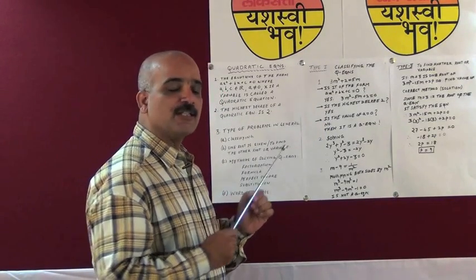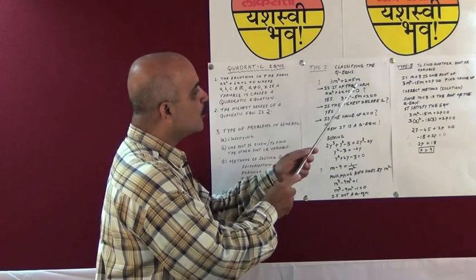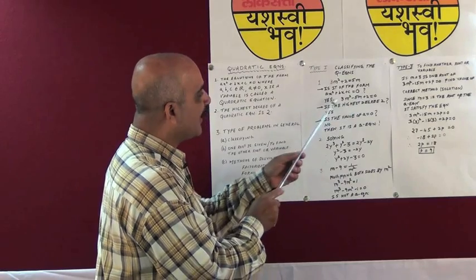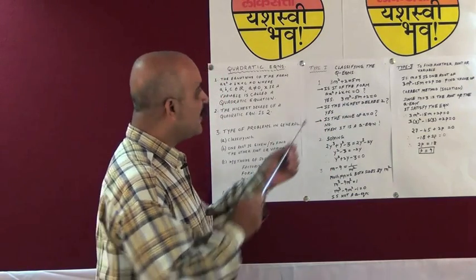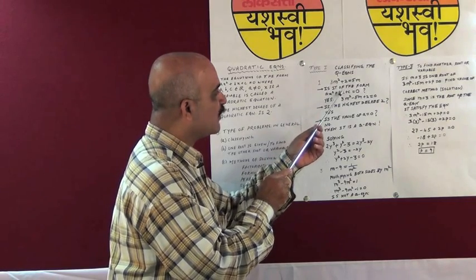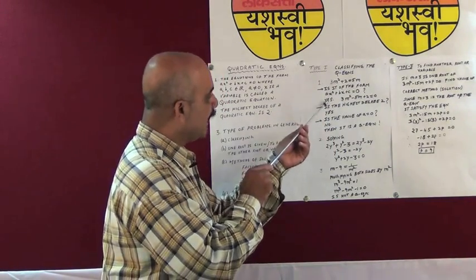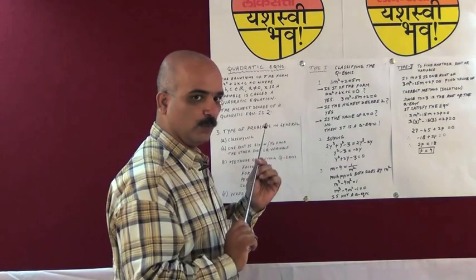Now, normal conditions, we may not get a proper format. So we have to arrange it. So I have arranged here. I have shifted this 5m on this side. So we get here 3m square minus 5m plus 2. That means, yes, it is of the form ax square plus bx plus c equal to 0.